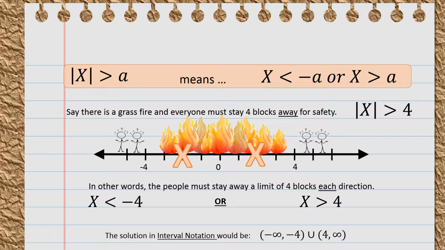The solution in interval notation would be negative infinity to negative 4, parenthesis, union, which is that U, that means or, parenthesis 4 to infinity. We would be safe in any of those places, just not in the middle. And as a helpful hint, if you look at the greater symbol, greater could mean great or, as a reminder that it will be an or statement.